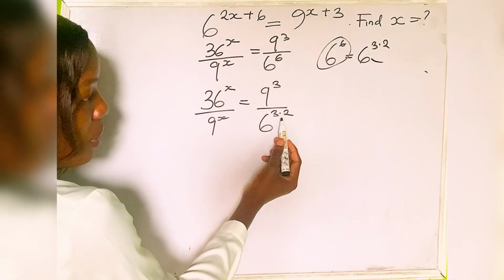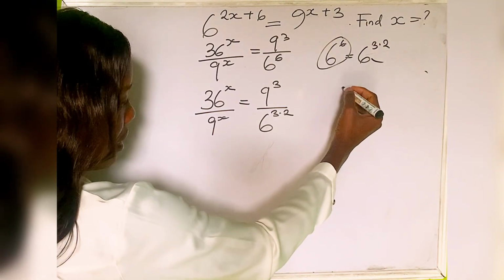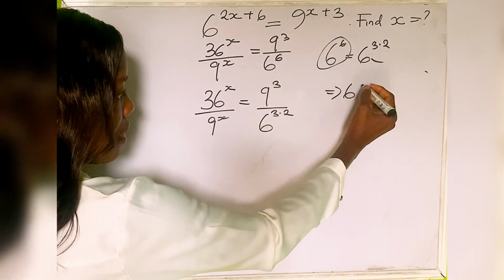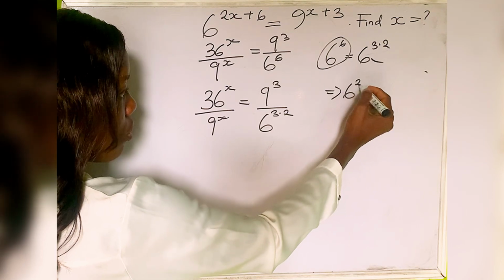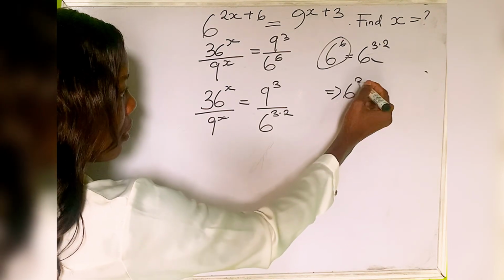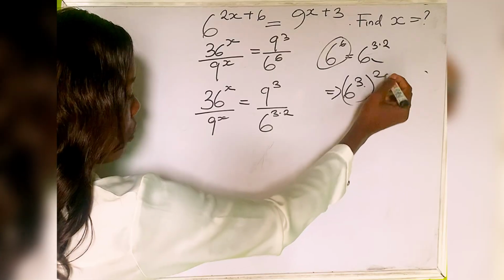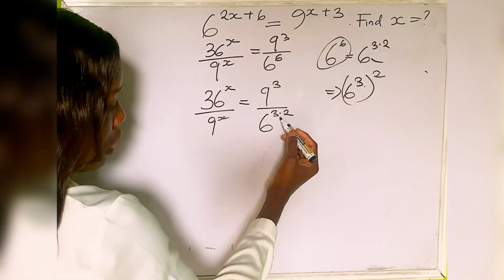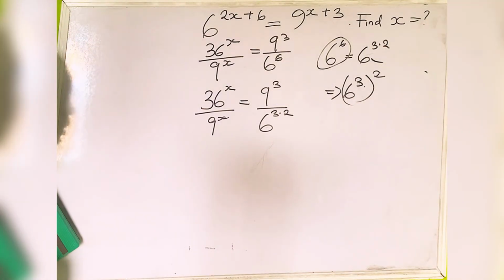When you have something like this, you can still write it as 6 to the power of 2 all cubed, because this multiplied by this is going to give you the 6 that we have here.